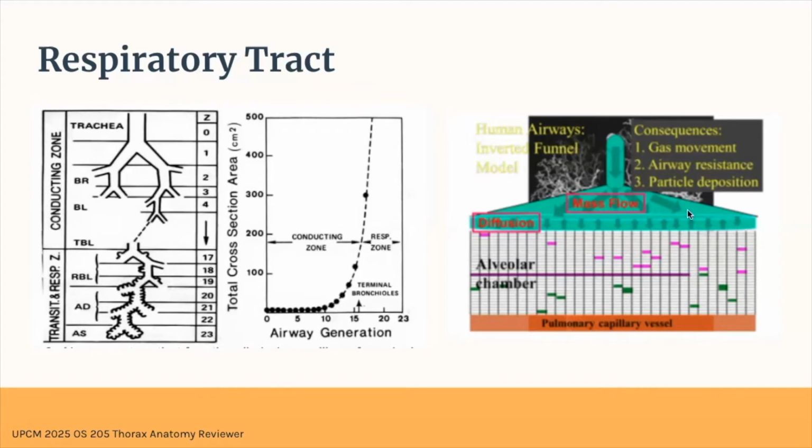Kaya ang movement ng gas dito sa respiratory zone ay diffusion na lang. So again, mass flow, high velocity yung flow ng air dito sa conducting zone natin. And then pagdating sa respiratory zone, since sobrang laki na ng surface area, bumabagal na rin yung velocity ng flow. Kaya ang nangyayari, gas exchange happens here via diffusion na lang. Yun.